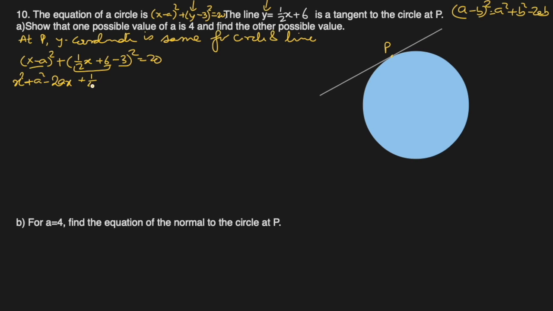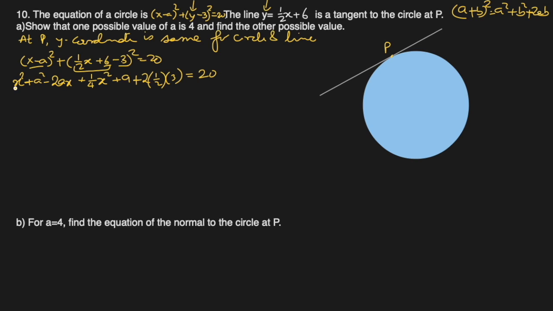Half x squared will be 1/4 of x squared, 3 squared will be 9, plus 2 times half times 3, positive this time. Why? 6 minus 3 is positive 3, so if this is positive, we get plus 2ab. Done. Equal to 20.